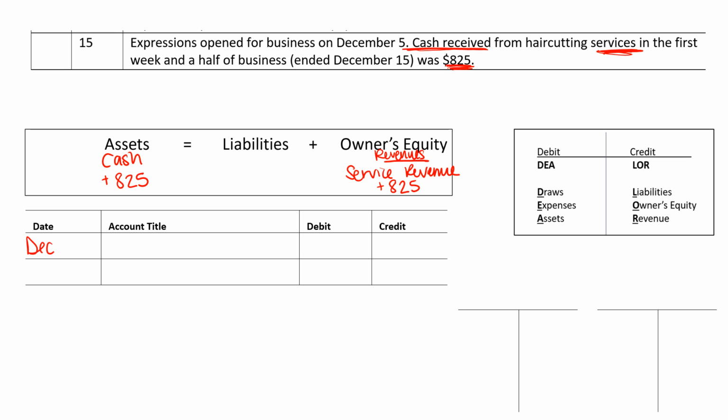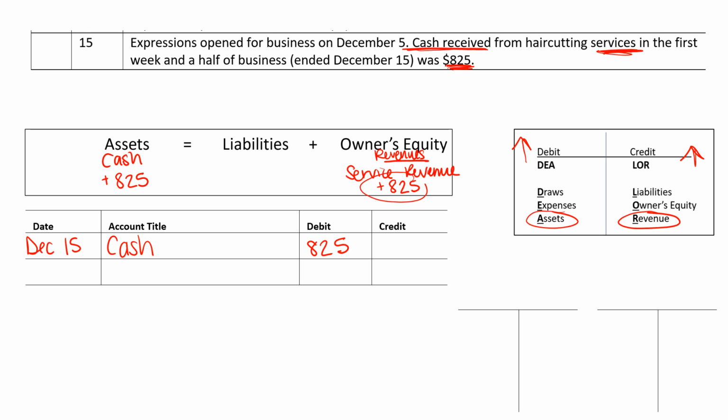So then looking to actually record the journal entry, if we look at cash first, cash is an asset. Assets are increased with a debit. So we know that we will have to debit cash, $825. Revenues are increased with a credit.